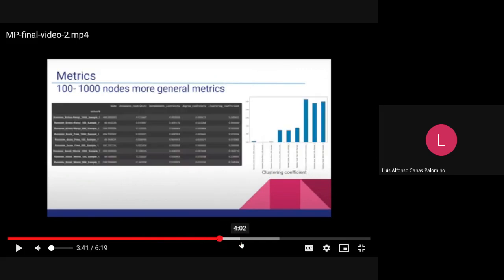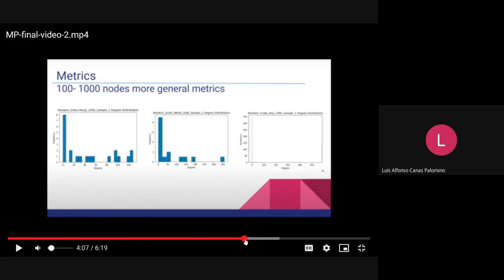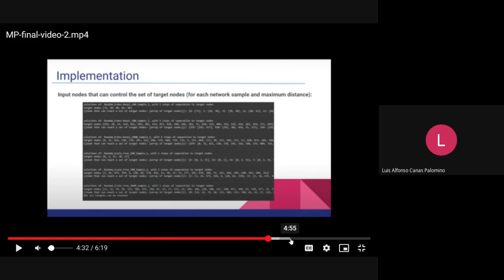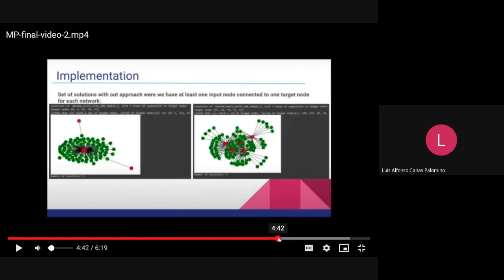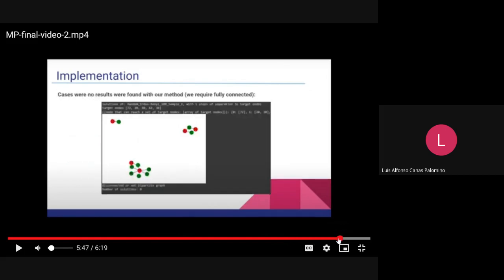We made some metrics to understand the dataset and see the difference between each architecture, the things that we are seeing in class. Here we were able to see which input nodes can reach a specific target node. And with the exhaustive search and some algorithm, we were able to assess controllability, guaranteeing that at least one input node can reach one output node. So there's one input for one output, and that makes the network controllable.